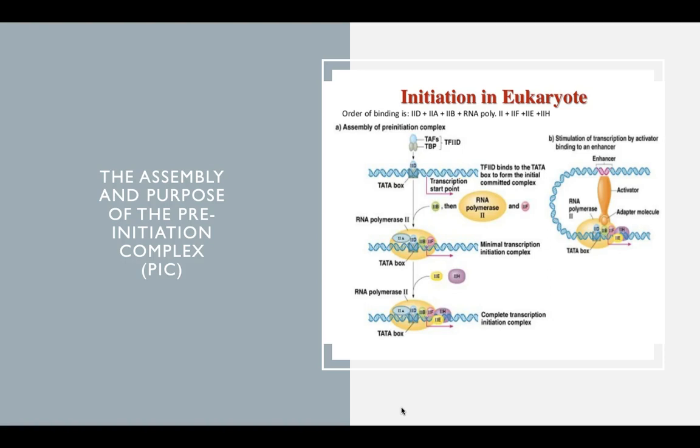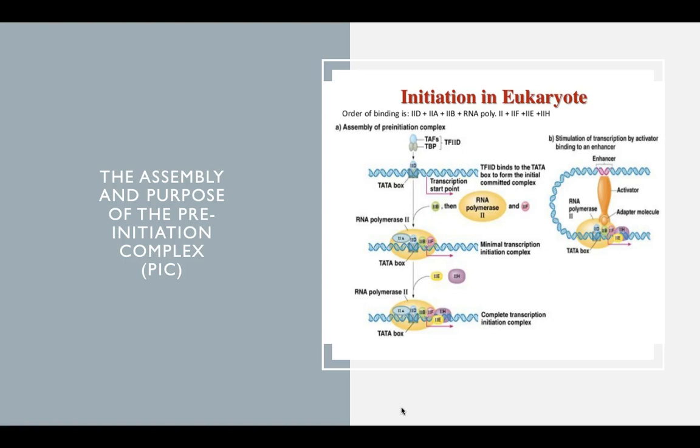Sadly, our RNA polymerases cannot initiate transcription without some help from additional protein complexes. The additional protein complex is composed of general transcription factors, or GTFs, that assemble at the promoter along with RNA polymerase 2 to form the pre-initiation complex, or the PIC. Without the GTFs, transcription would be impossible, because these general transcription factors form the PIC with RNA polymerase 2 to bring it to the promoter and release it from the promoter to initiate transcription.